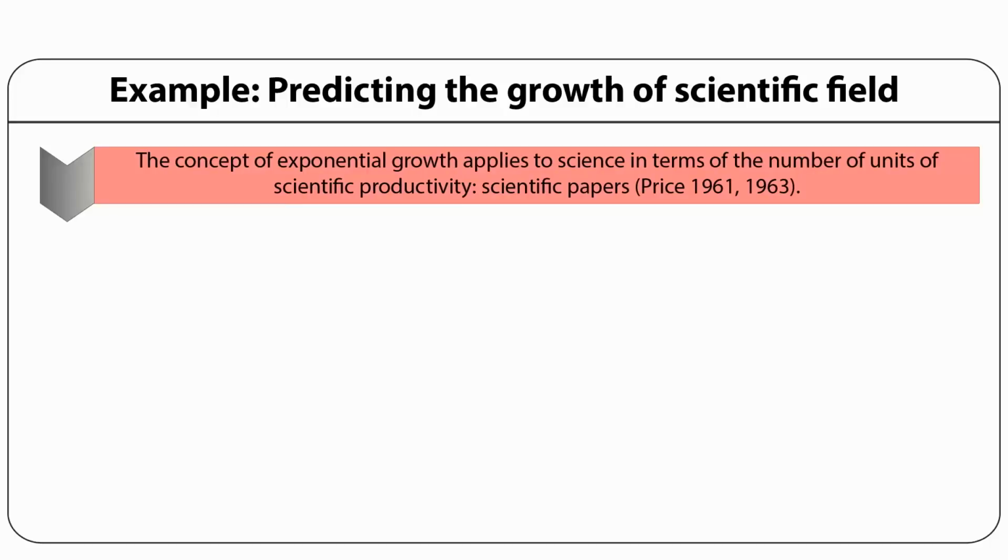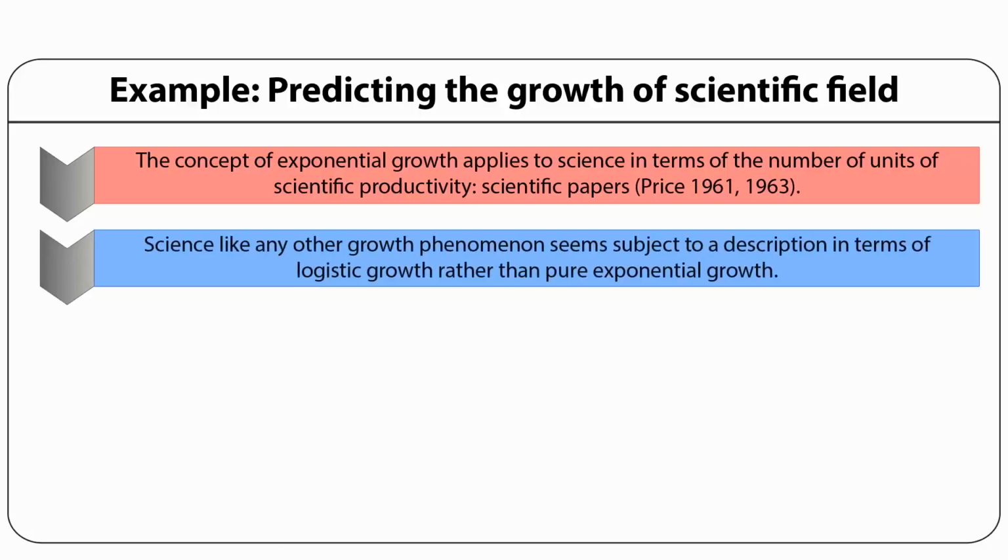This was first highlighted by Derek de Solla Price in 1961 and 1963. Science, like any other phenomenon of growth, seems subject to a description in terms of logistic growth rather than pure exponential growth. This was the finding of Price.